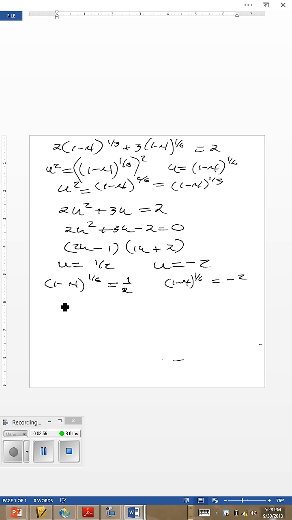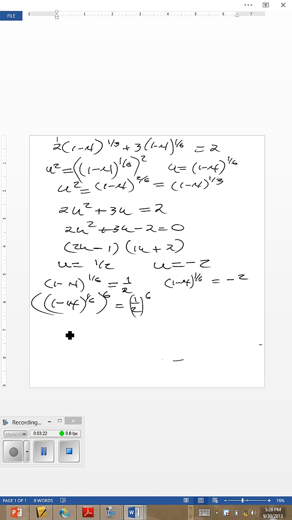Okay, so let's take care of business here. If we want to get rid of the 1/6 power on (1 − x), we can do so by raising to the 6th power, which means we have to raise this side to the 6th power as well.